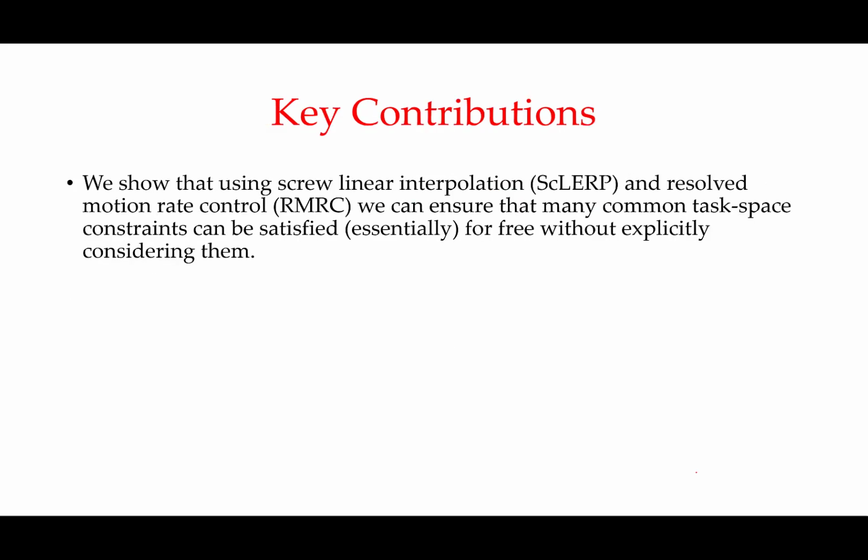The key contribution of this paper is to show that using screw linear interpolation has some inherent advantages when dealing with task space constraints. We can ensure that common motion constraints that arise in manipulation can be satisfied without explicitly considering them.